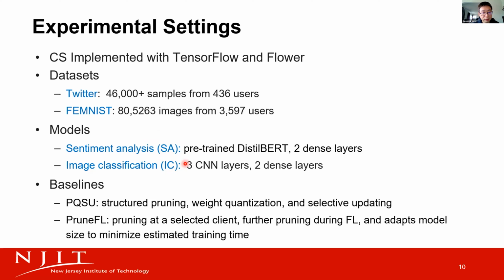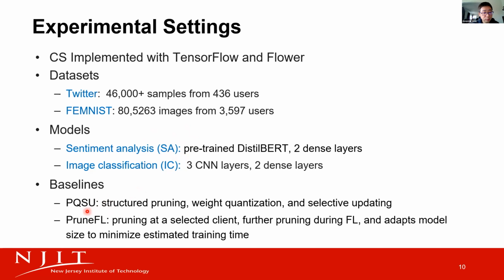So we use the complement sparsification process on different sizes of models. We have two baselines here. The first one is PQSU, which includes structured pruning, model quantization, and selective updating.